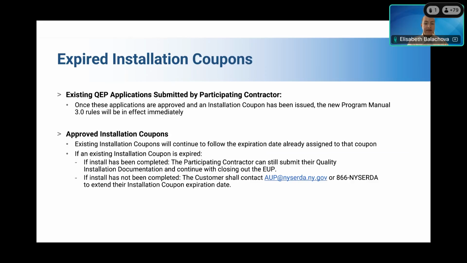If you already completed the work and have an expired installation coupon, you should be able to continue and submit your quality installation documentation. But if it has not been completed, you will need to request for the installation coupon to be extended.